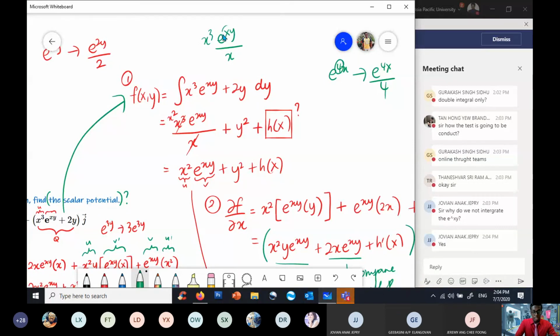So same here, now the constant is x, so we divide by x. And then finally the x and x cancel out, thus giving me this. So it is integrated, it's just that you integrate e, you get e again. So that's why there's no change to that. Just remember that when you integrate with respect to y, your x is a constant. Your x is like a number there.